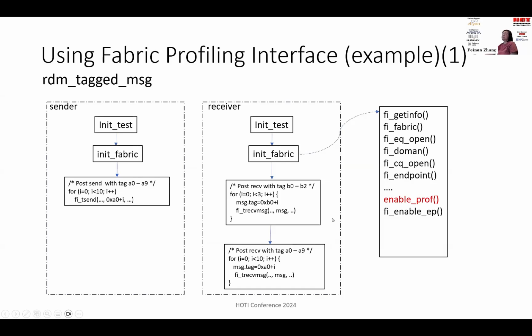But if the messages come to the receiver side much earlier than the receiver finishes all the posts, an unexpected message will happen. This application wants to get notified when such a situation happens.